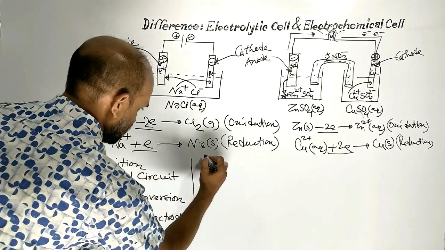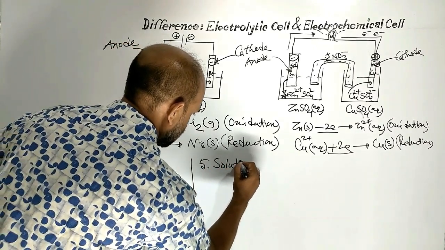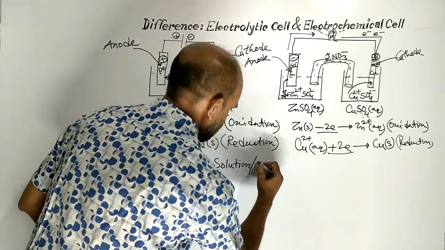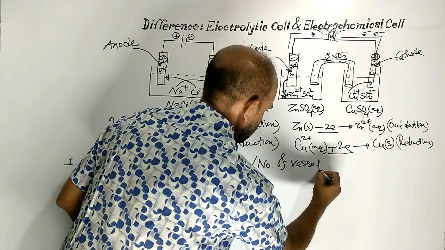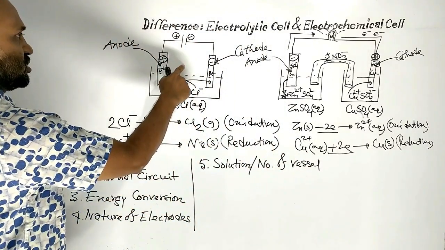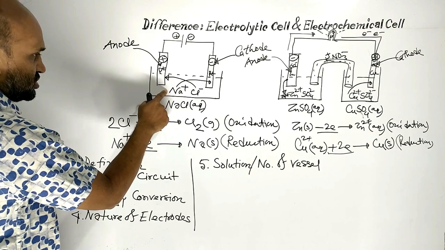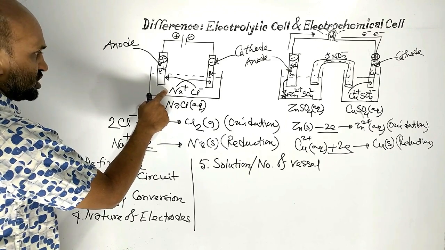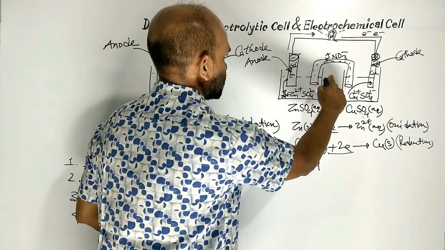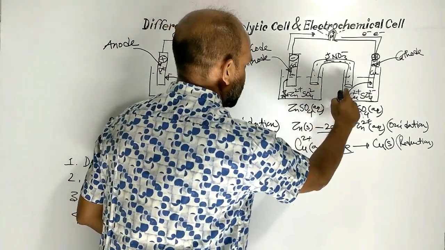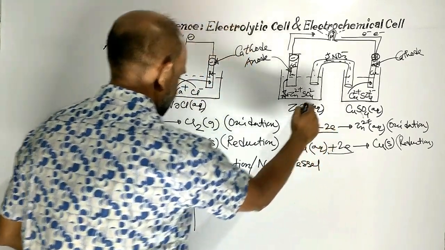Then number five, solution or number of vessels. In electrolytic cell, only one electrolytic solution is used in one vessel. But in electrochemical cell, two electrolytic solutions are used in two vessels.